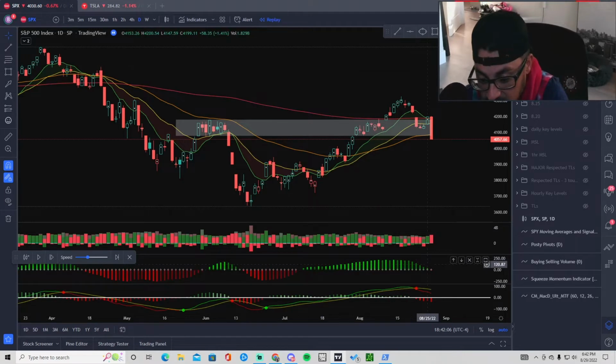MACD is turning red. The TTM turned red up top, down here the EMAs crossed, and it also turned red. So you think potentially it's going into a downtrend, or at least it broke out of this level of consolidation here.